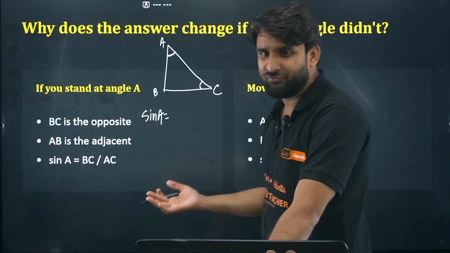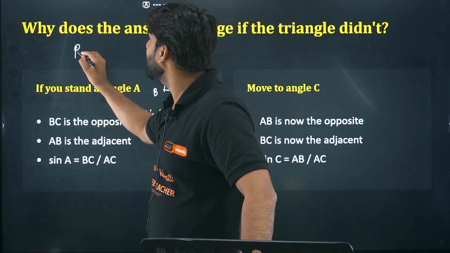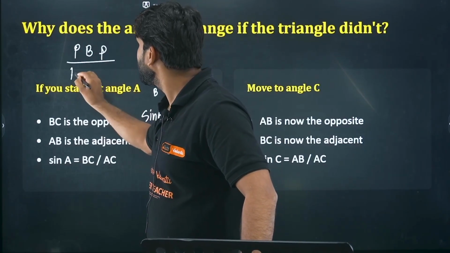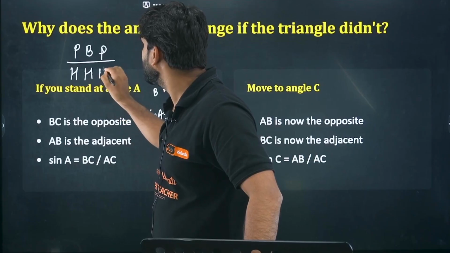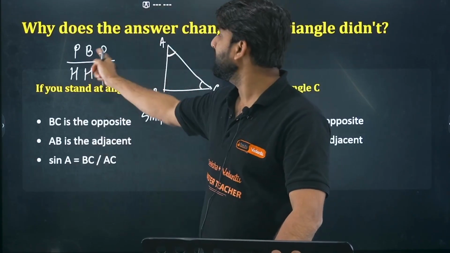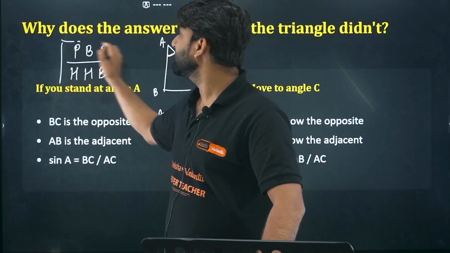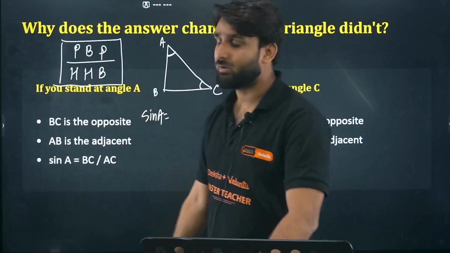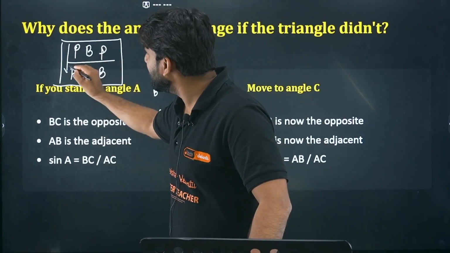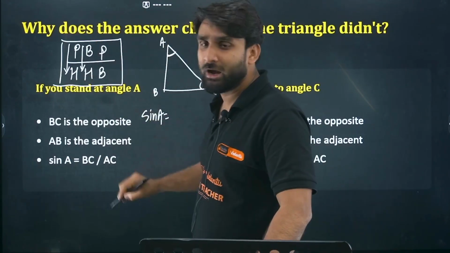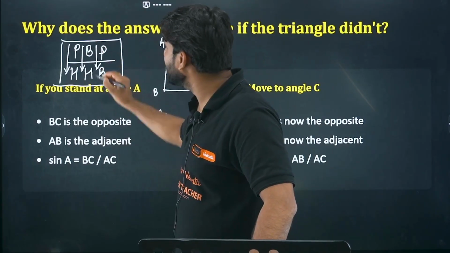You might be getting confused about this, so let me give you P, B, P, H, H, B. This is the short trick: Pandit Badri Prasad, Har Bhole. Something like this. You can make any short trick to remember. So first is sine, perpendicular by hypotenuse. After sine, cos comes up, base by hypotenuse. After cos, tan comes up.